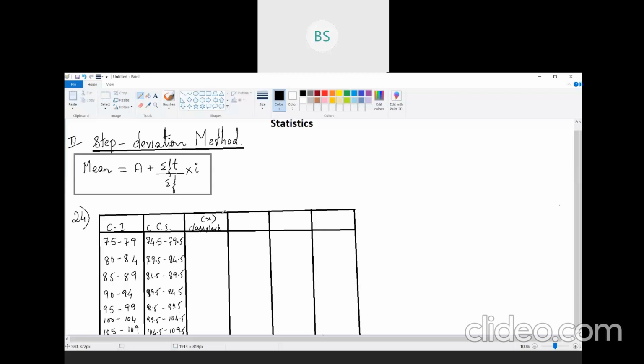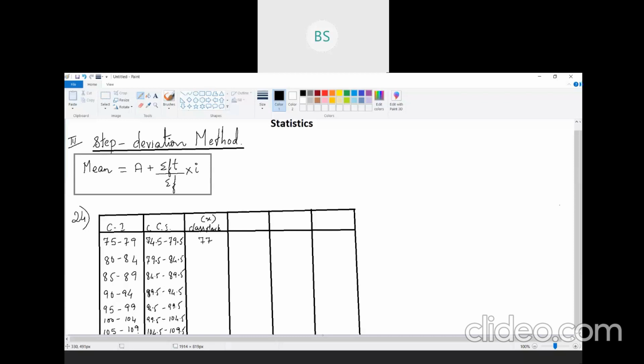So here it will be 74.5 plus 79.5, that will give you 154. So 154 divided by 2 will give us 77.